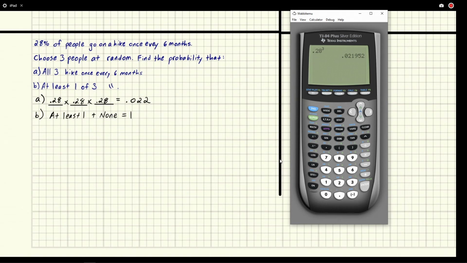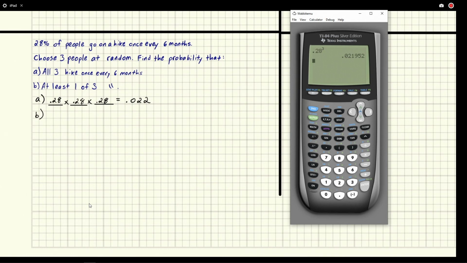So that means we can take 100% and take off the probability of none, and we'll be left with at least one. It'll be all the other events, so it'll work out all the combinations. If we had at least one of 100, we could just do this and we wouldn't have to deal with that insane number of combinations. So let's use this formula to our advantage.